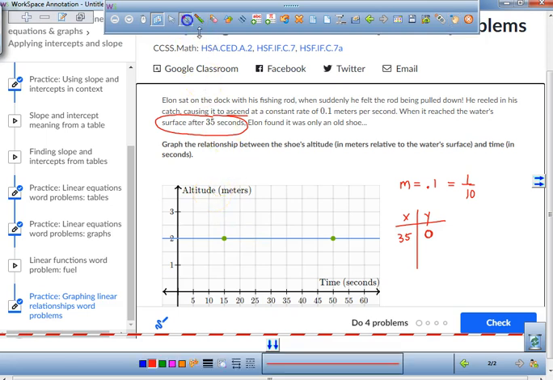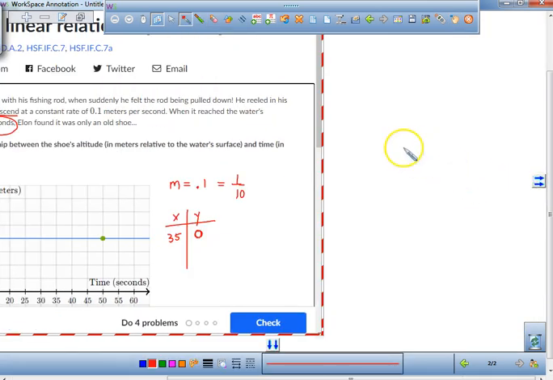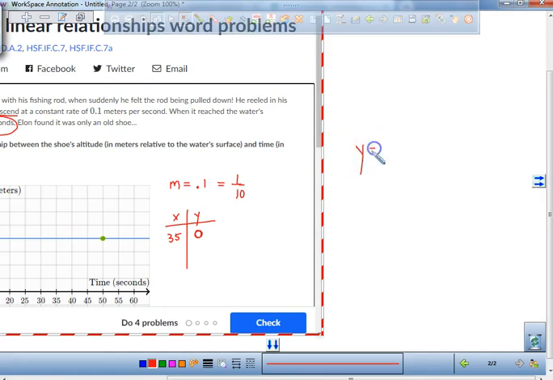All right, so we're going to take a look at this. It's very, very easy. We're going to use slope-intercept form, y equals mx plus b, and we're going to plug things in. So it looks like our y value is 0, so I'll make it equal to 0. Our slope is 1/10, so I'm going to put 1/10, and our x value is 35, so I'll put 35 plus b.